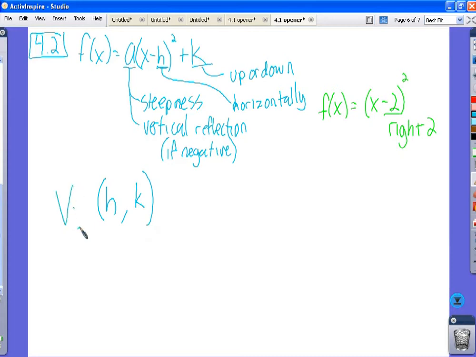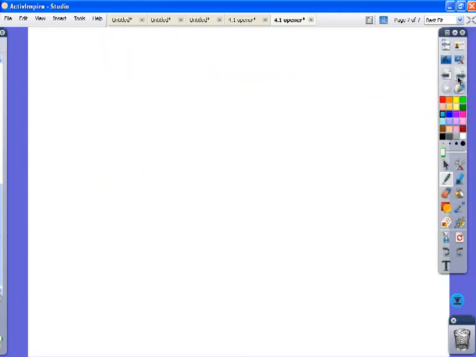Exactly, this is the vertex. So yes, the vertex is (H, K). If everything moves over H and up K, or to the left H and down K, depending on what H and K are, then so does the vertex. The vertex starts at (0, 0), so if it moves over an amount of H, then the x part of it is H, and if it moves up an amount of K, then the y part is K.